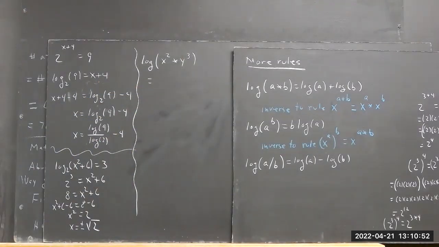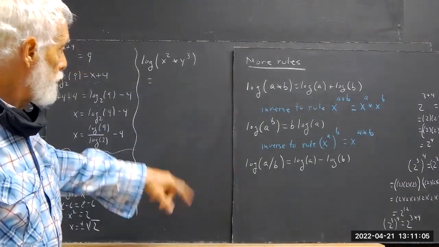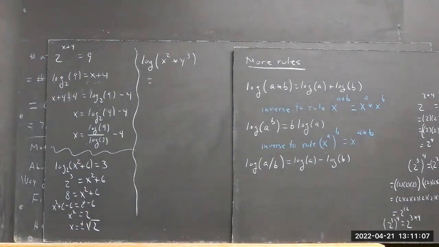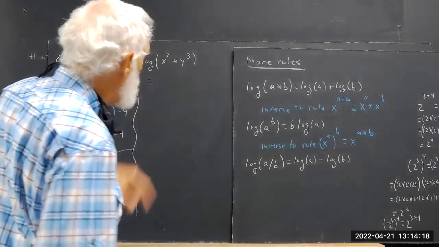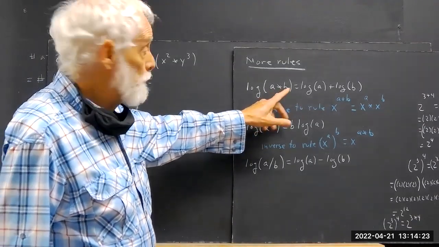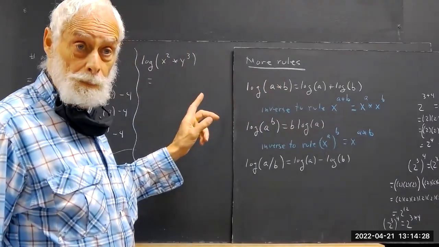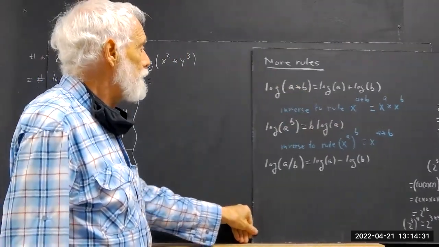Now it turns out that two rules are applicable here, but one rule definitely needs to be applied first. So which rule is the most obvious one to use here? Okay, so we have log of x squared times y cubed, and we see that we can apply this. Well, this would be this with a equal to x squared and b equal to y cubed, right?